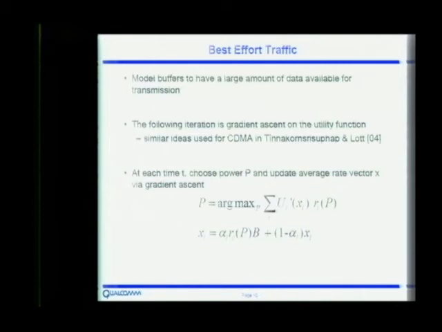What we can do is, at each time, select a transmit power which maximizes the derivative of the utility function times the rate that the user will see as a function of the transmit power. And then we keep iterating. Essentially what it's doing is picking a transmit power which leads to the maximum increase in the utility rate.